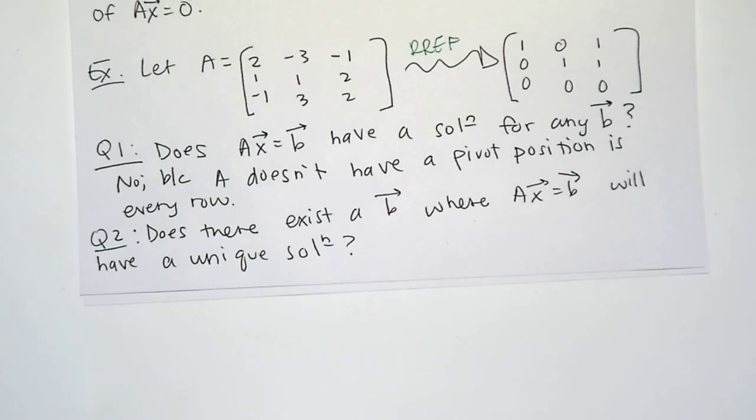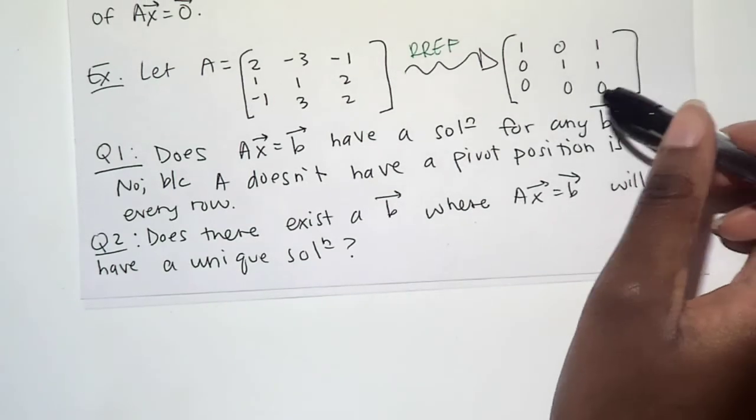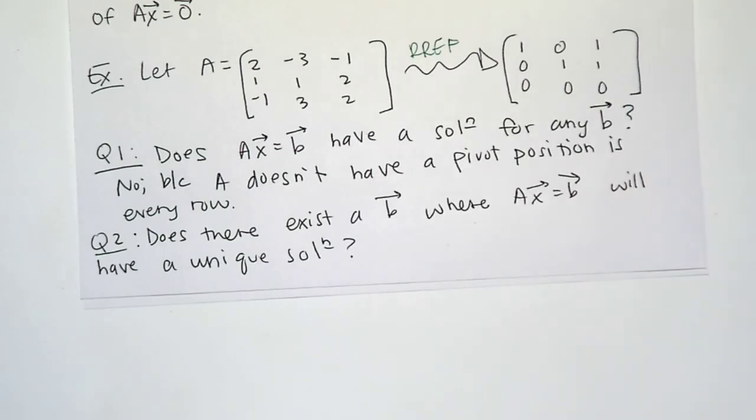Could we ever get a unique solution where we just have one solution? x1 equals this, x2 equals this, and x3 equals this. All right, so note that we have free variables, so our x3 is always going to be free.